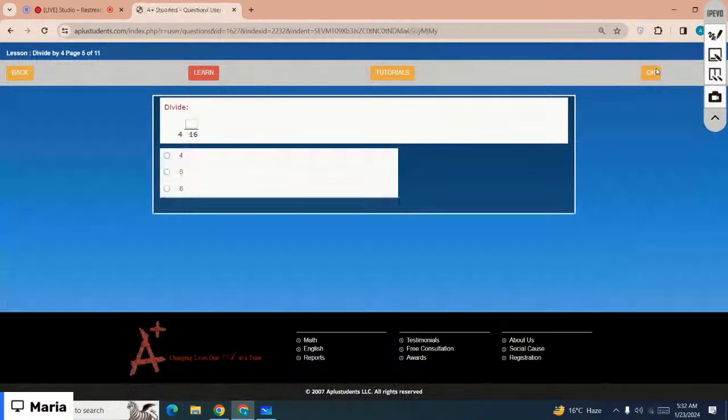The next one is 16 divided by 4, which is the correct option. 4 times 4 is 16. The correct option is 4.